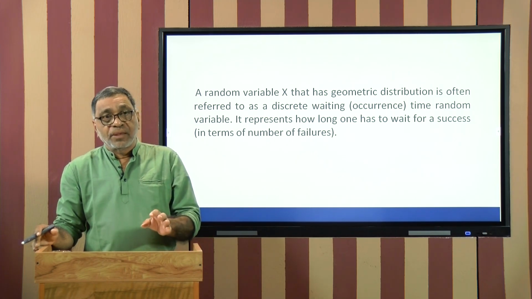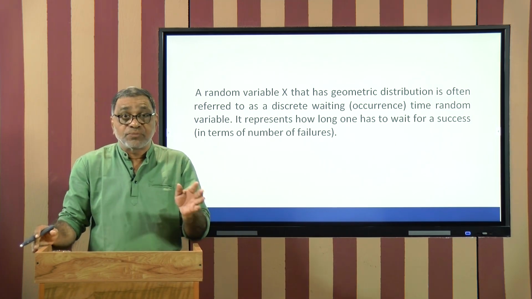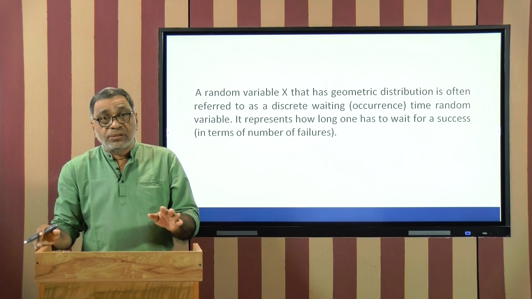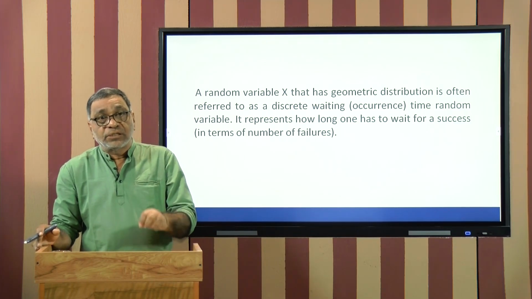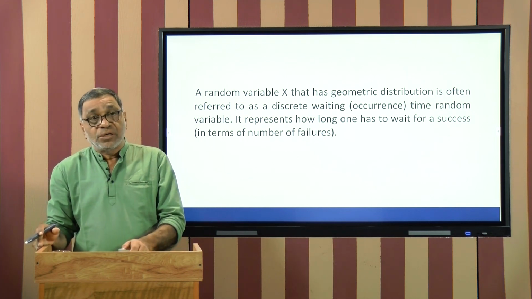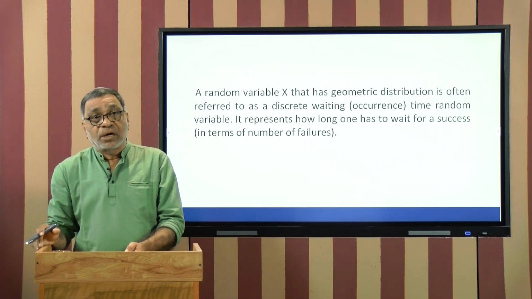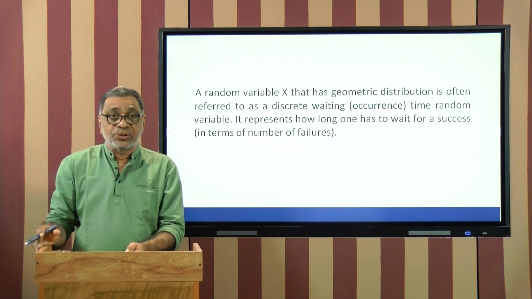Actually, the meaning of x is how far we have to wait in terms of discrete time in order to get a success. So, sometimes this geometric distribution is referred to as discrete waiting time random variable or waiting time distribution.